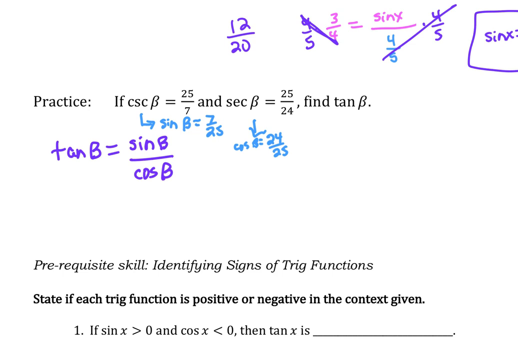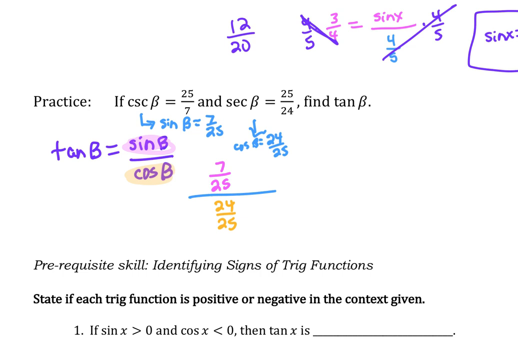So we get our sine. I'm going to color code again to try to help you guys. So our sine, which we decided is 7/25, and then over our cosine, which we decided is 24/25. And we need to do keep it, change it, flip it in order to figure out what's going on there, right?